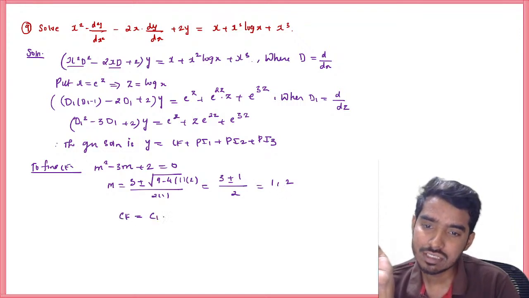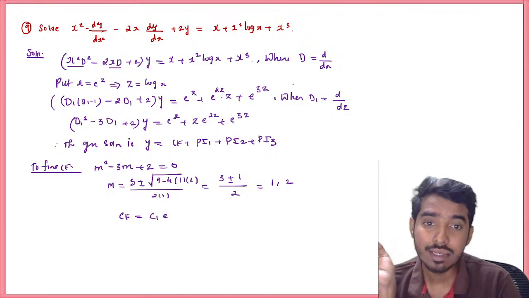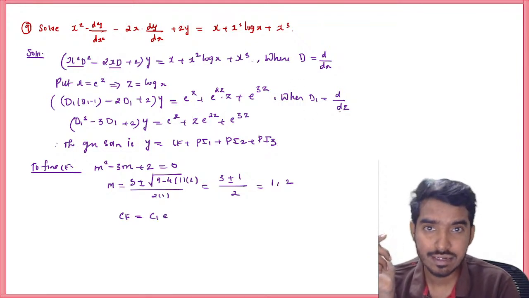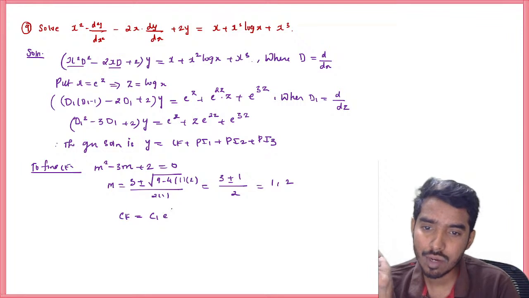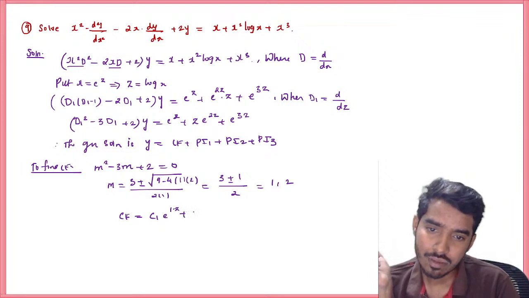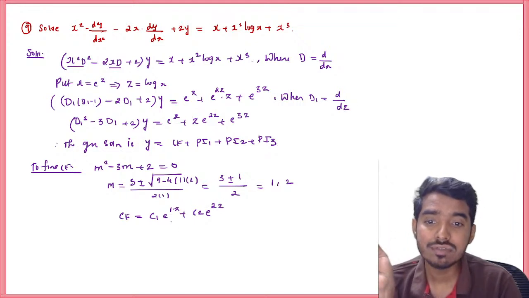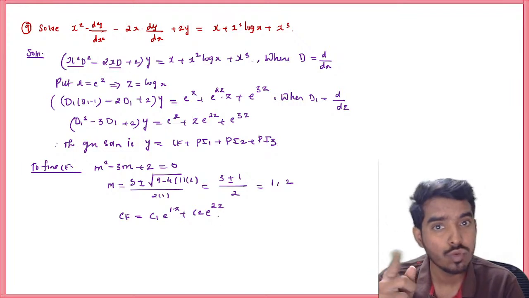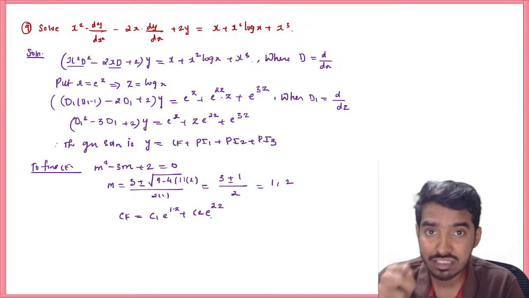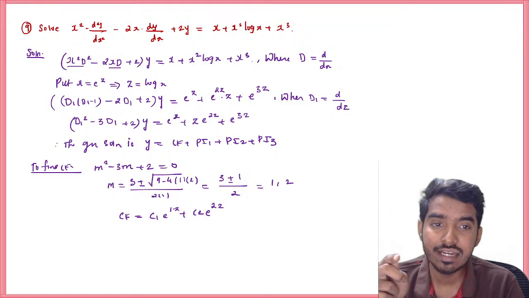CF is C1 e power m1 z plus C2 e power m2 z. Remember, here it is in d by dz. If we have d by dx, you will have C1 e power m1x plus C2 e power m2x, where m1, m2 are the distinct roots. But here it is in z, so you just replace: C1 e power z plus C2 e power 2z, where 1 and 2 are the roots.